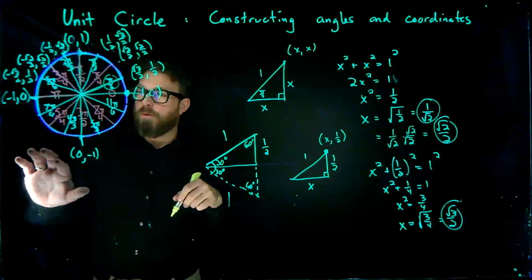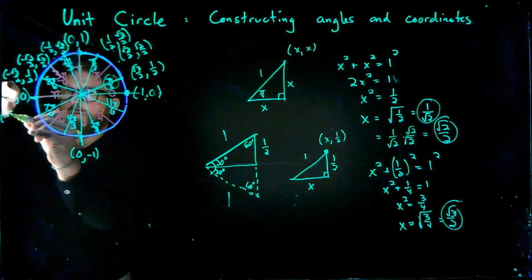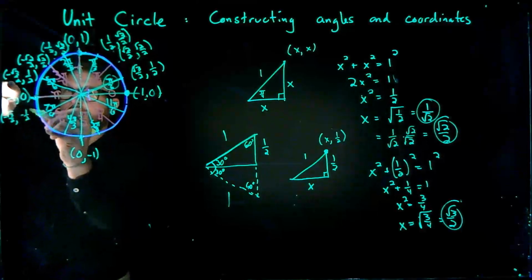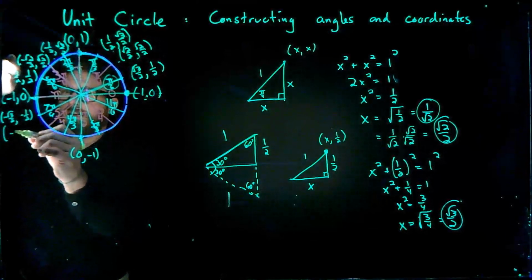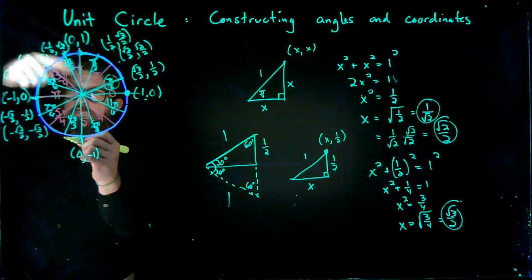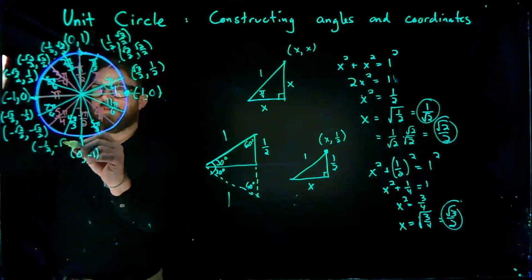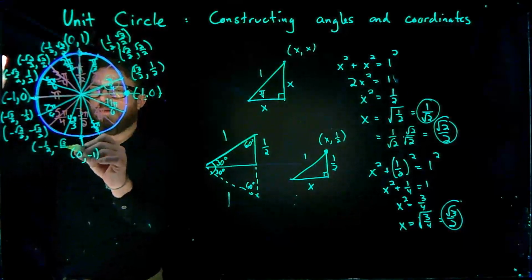Now down here, they're both going to be negative. So just flipping this over, the x coordinate's still negative, the y coordinate's not negative. Here, the x coordinate is negative, and the y value is negative. So in this case, same points that are flipping over, except everything's negative. So minus 1/2, minus root 3 over 2.